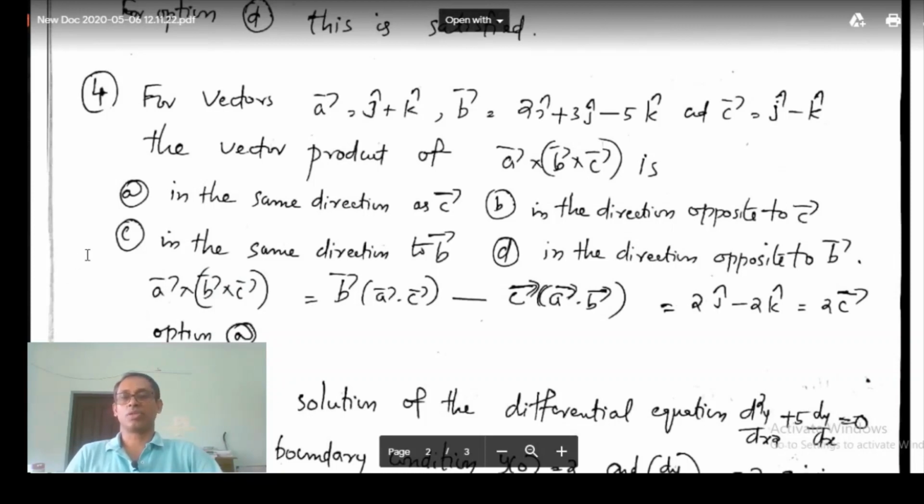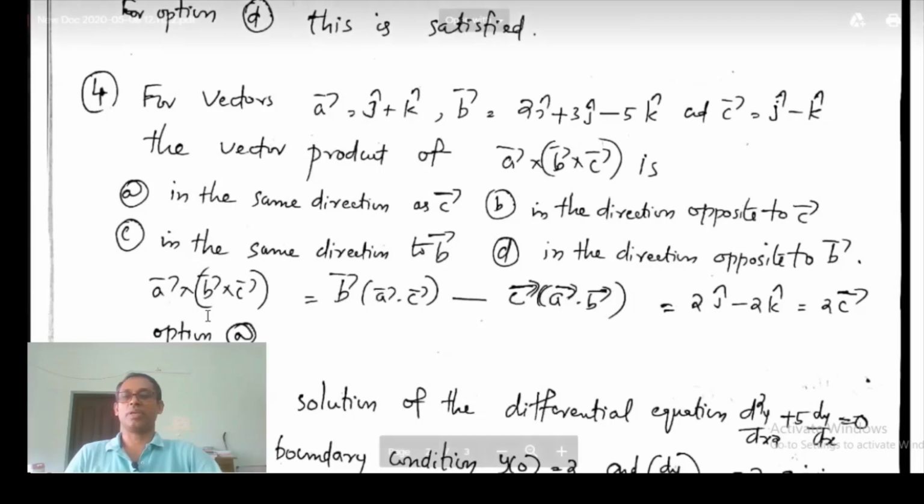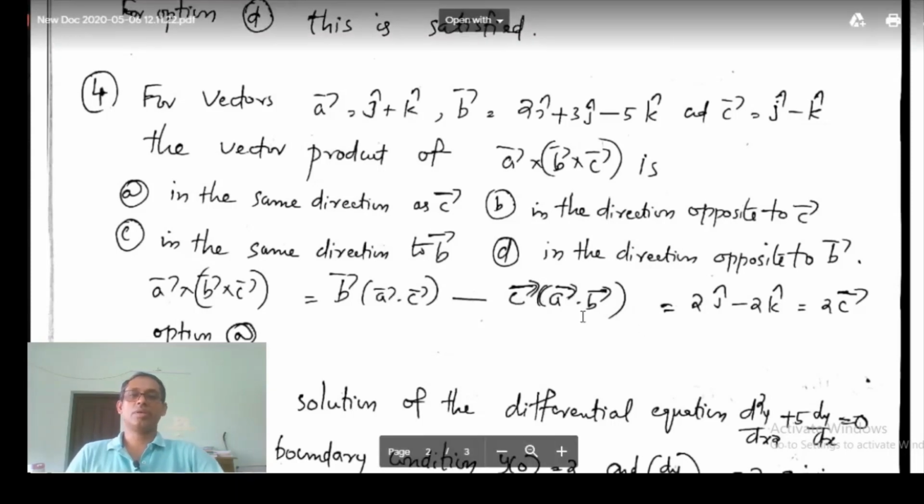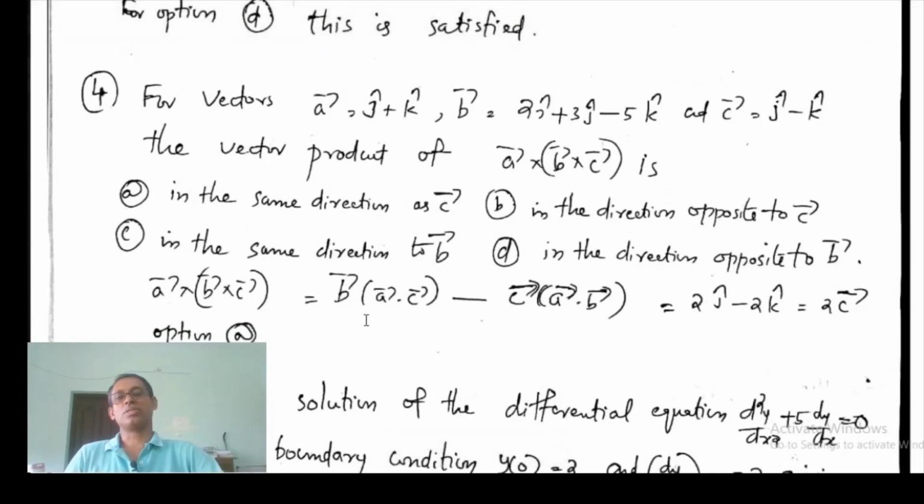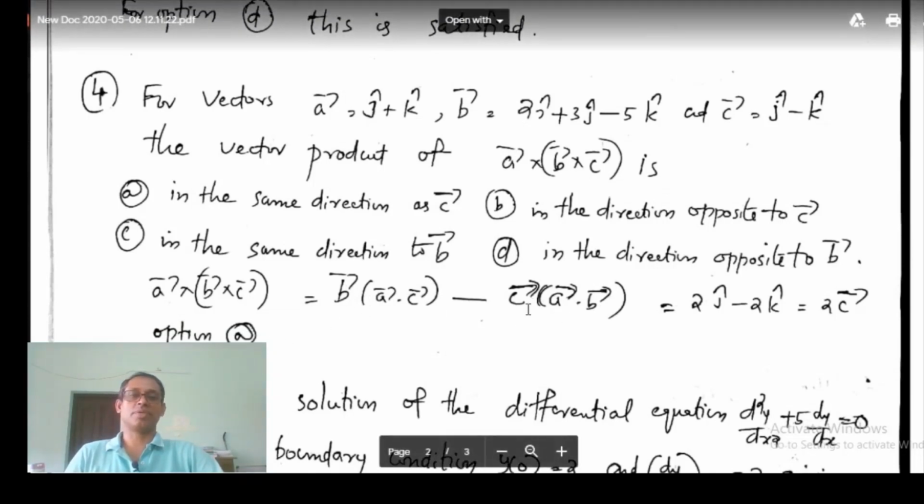The vector cross product of three vectors is given by this equation: b a dot c minus c a dot b. Okay, so what we do, we know a, b, c, we find a dot c and a dot b, multiply a dot c with b and a dot b with c and subtract, and you will get this 2j minus 2k, which is 2 times j minus k. j minus k is c, so this is 2c.